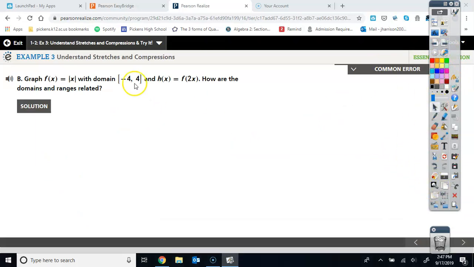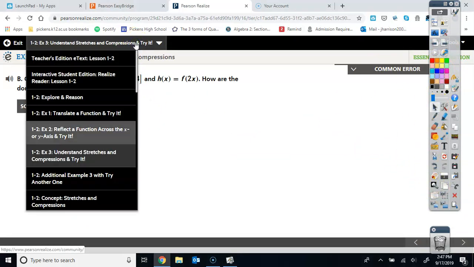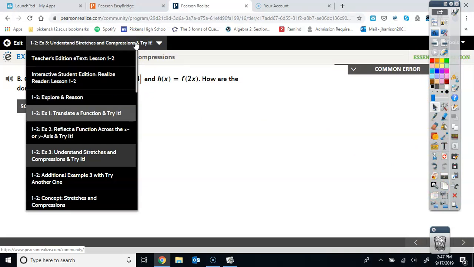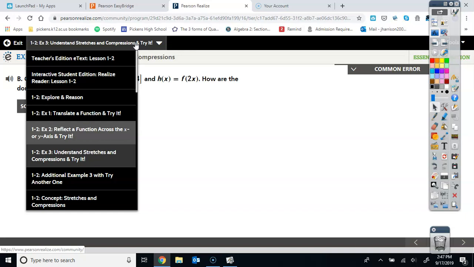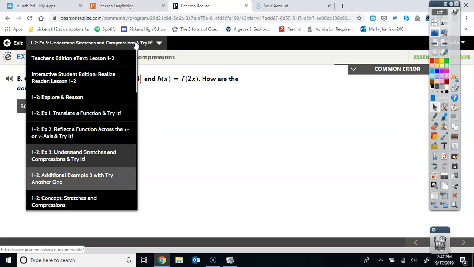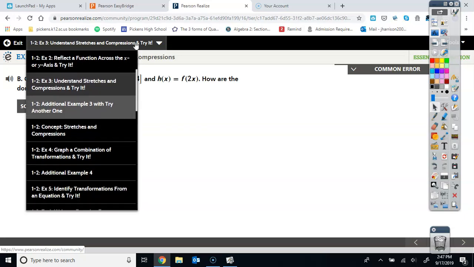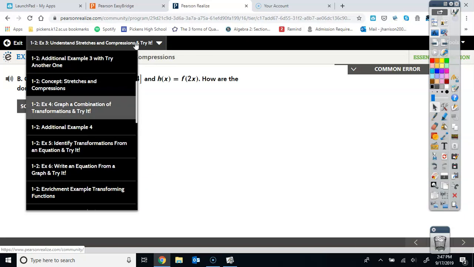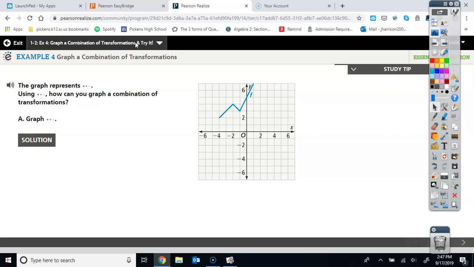So all of these things that we've done, we've looked at translating a function by sliding it up and down, left and right. We've looked at reflecting a function across the x-axis and the y-axis. We've looked at stretching a function and compressing it. And then you can have some that combine more than one transformation.